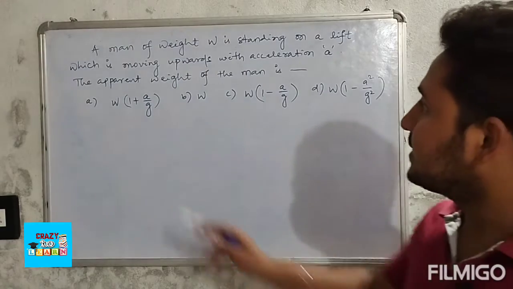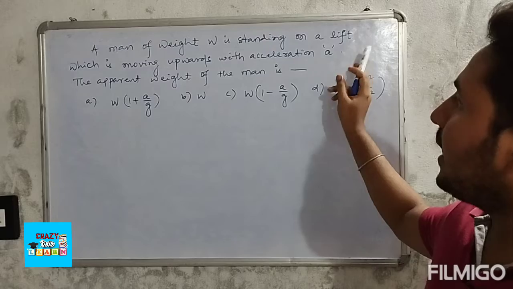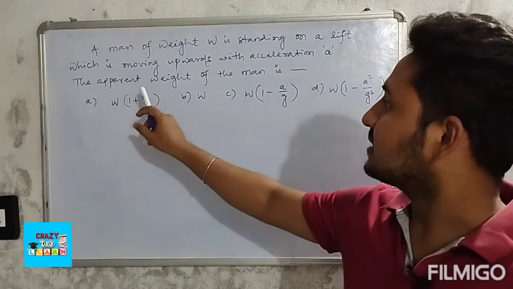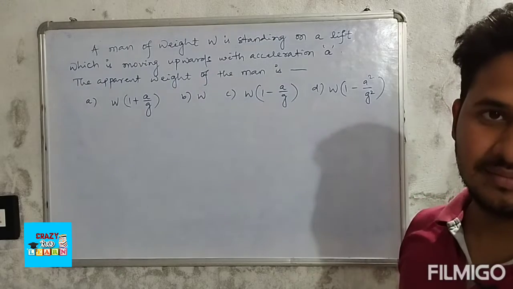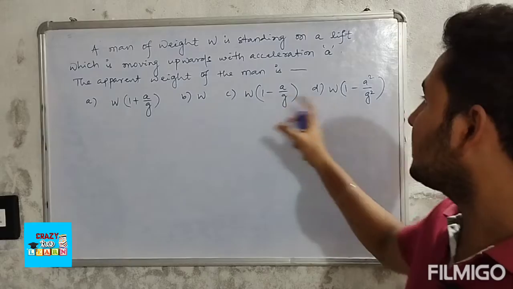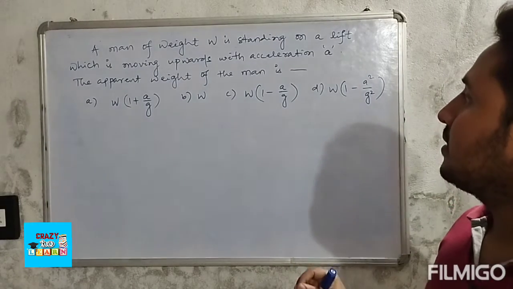The next question is, a man of weight W is standing on a lift which is moving upward with acceleration A. The apparent weight of the man is. You will say it is a very easy question, but the options are given in a different way, so I put this question here.